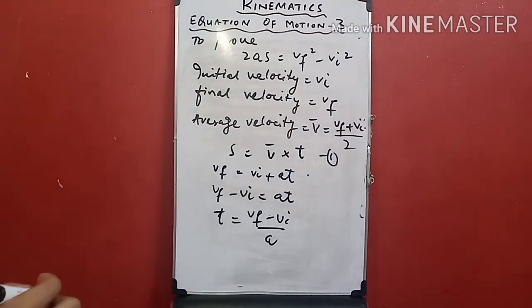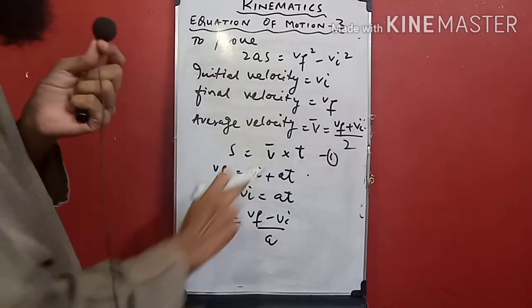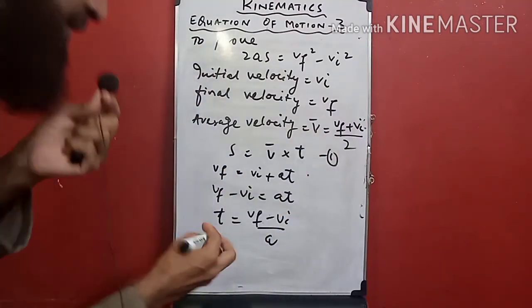So we put the value of average velocity as well as the time in equation number 1.